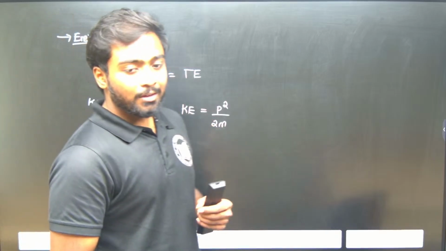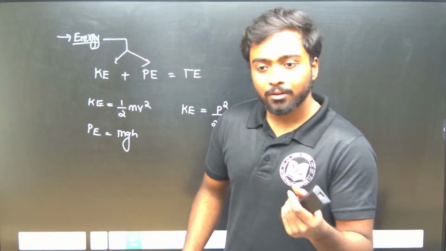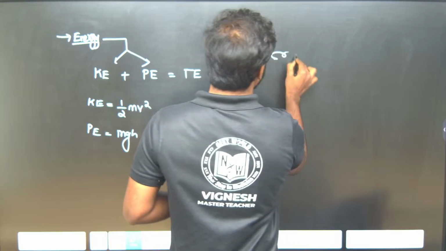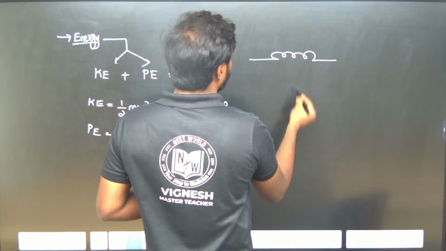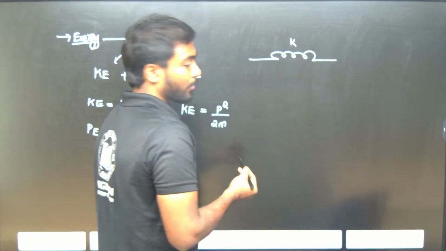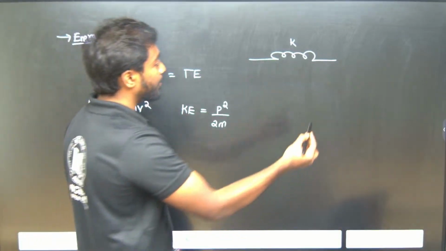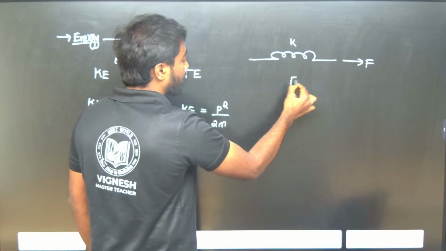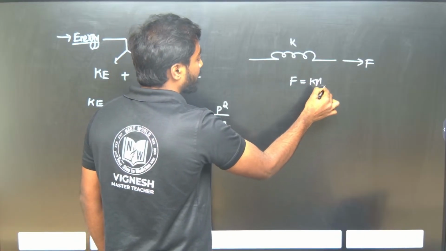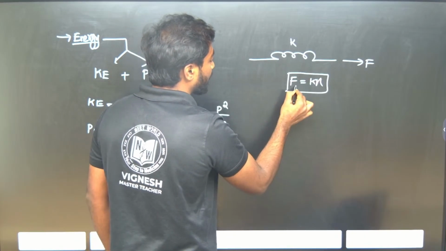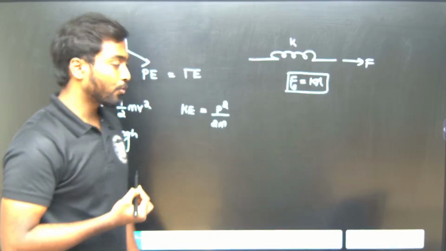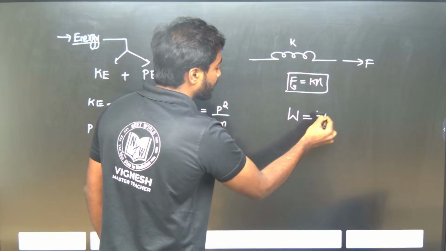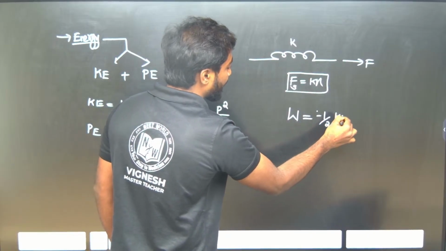What about the force in a spring? The spring constant is k. When force has been applied, it has been extended or compressed, whatever it is. So F equals kx is the spring force. What about the work done by the spring? It is minus 1 by 2 k x square.